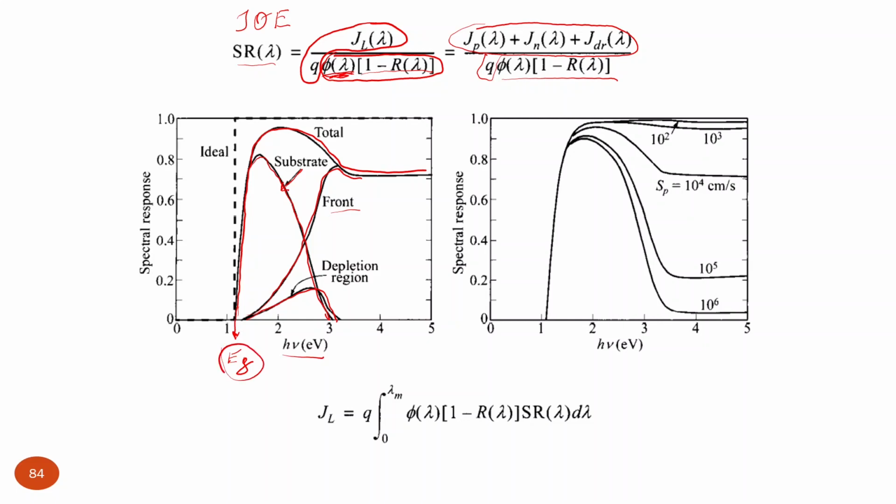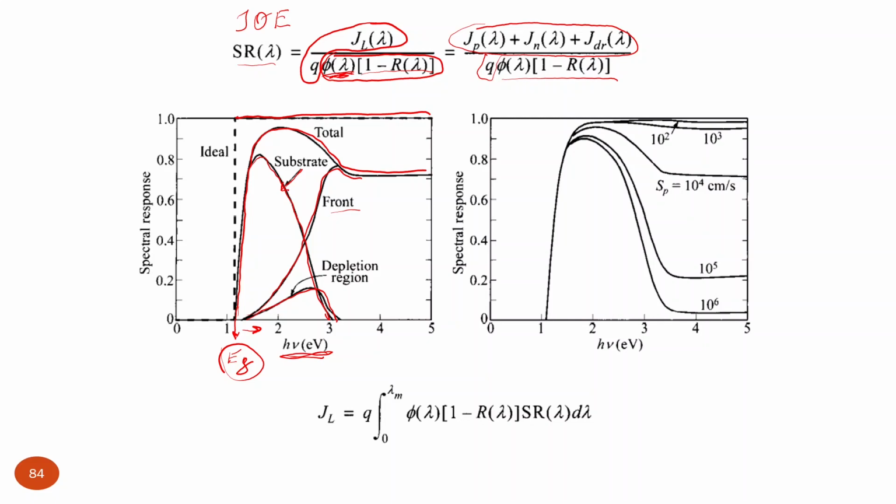At larger energies, it should go to unity and stay at unity. That is the ideal case when we collect all photogenerated charge carriers, but that's not the case, and that's why our internal quantum efficiency, the spectral response, depends on wavelength, as you see, and it is smaller than unity. Of course we want to have it as large as possible for all these photon energies.